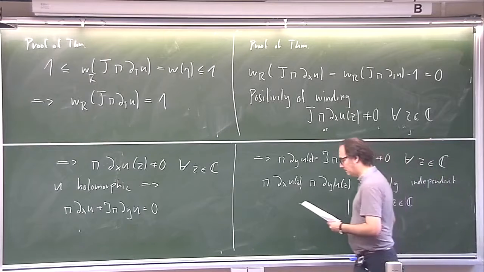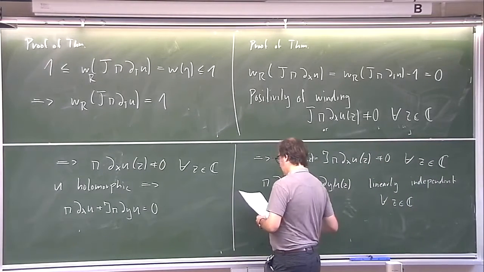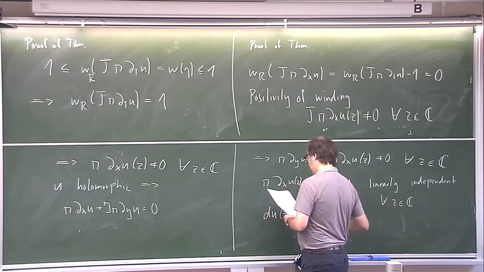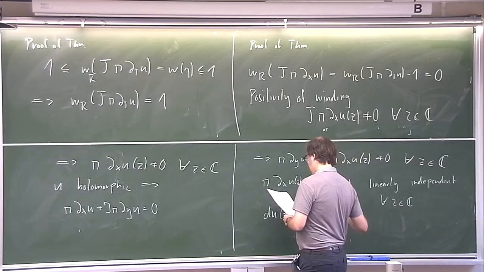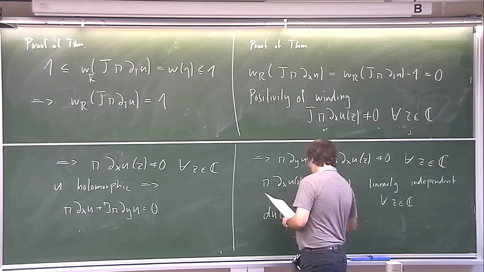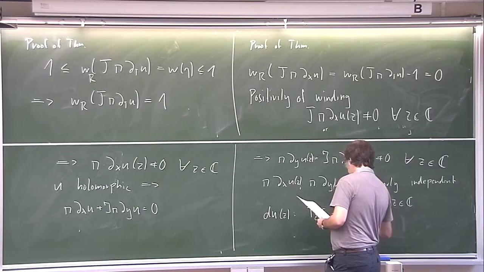See? So this du(z) goes from T_zC to xi_u(z).